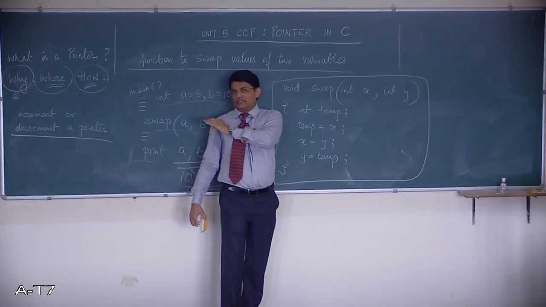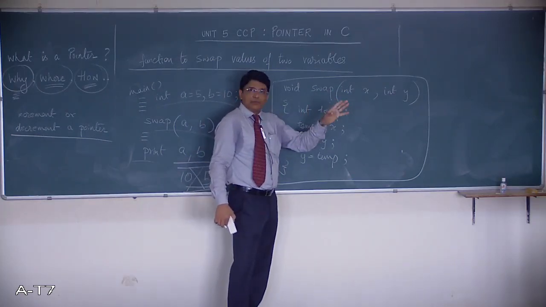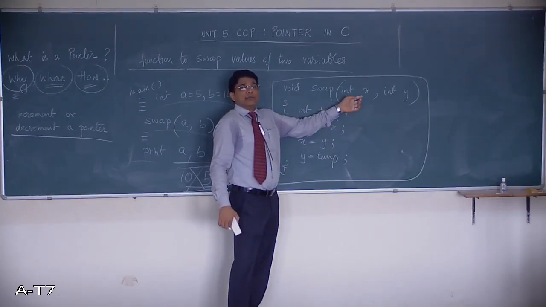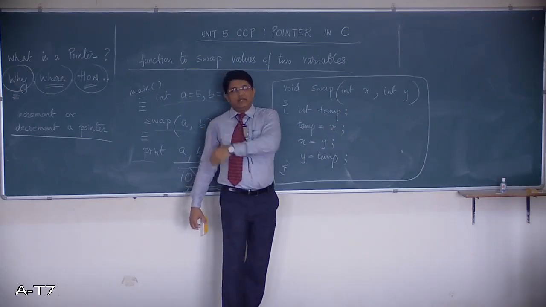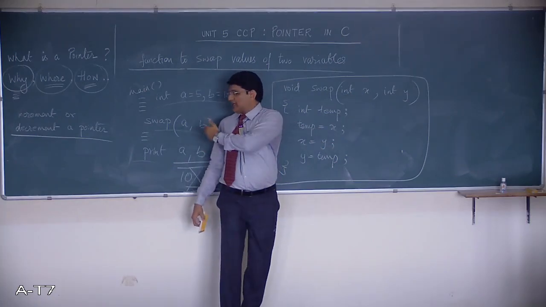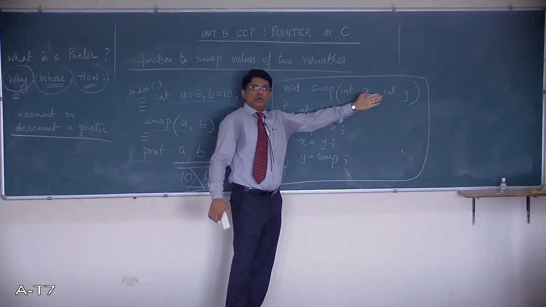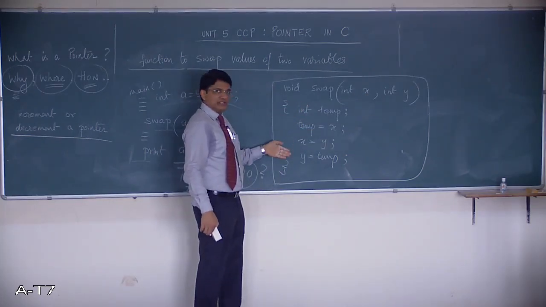It will not be confused with the A of the main function. A of the swap function would be at a different memory location. Normally the practice is to change the names. You are passing the value from A, receiving it into x, passing the value from B, and receiving it into y.